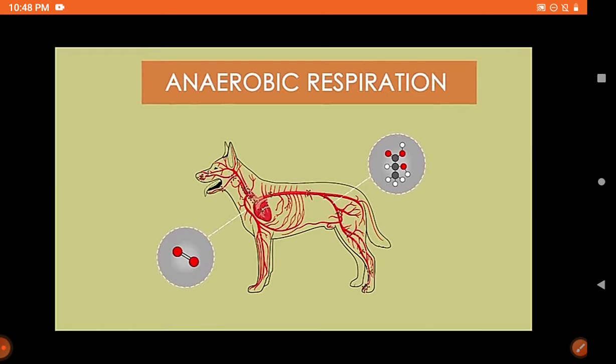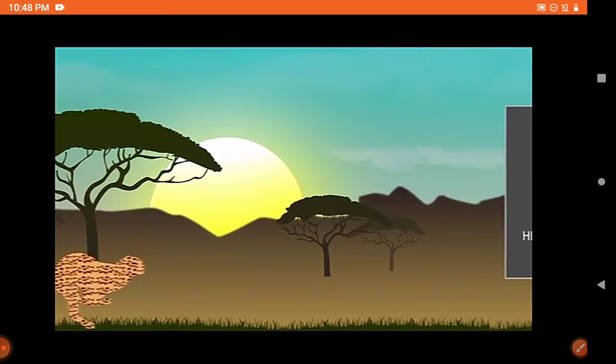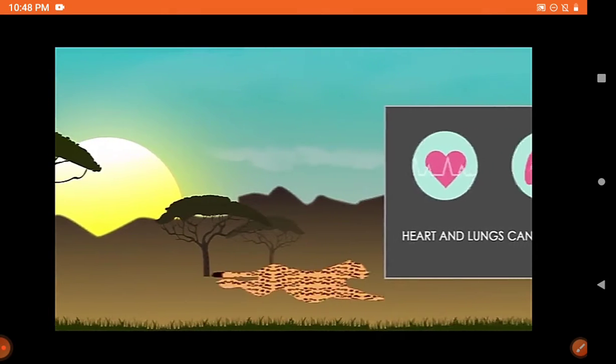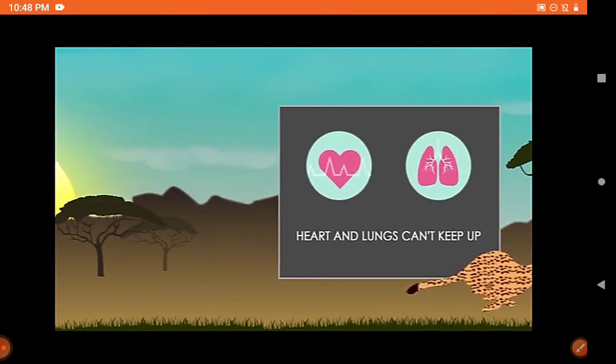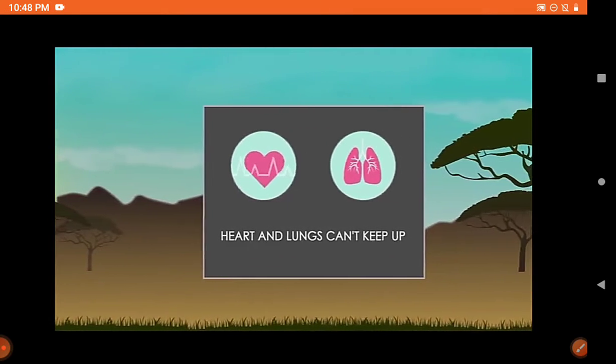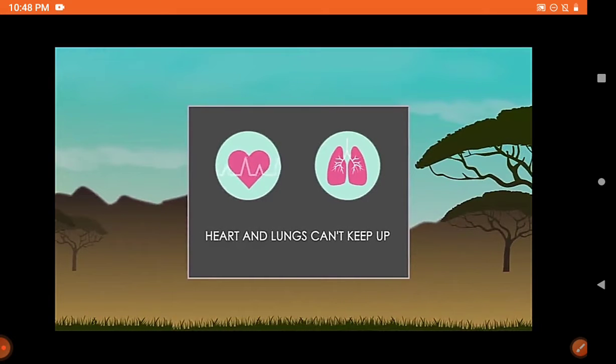In the word anaerobic, an means without, aero means air, and bios means life. Let us understand anaerobic respiration. Let us use a cheetah as an example. When a cheetah runs to catch its prey, it cannot take in enough air and circulate enough blood around the body for performing aerobic respiration. The heart and lungs can't keep up.